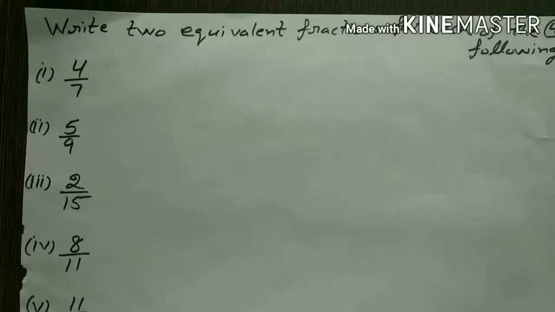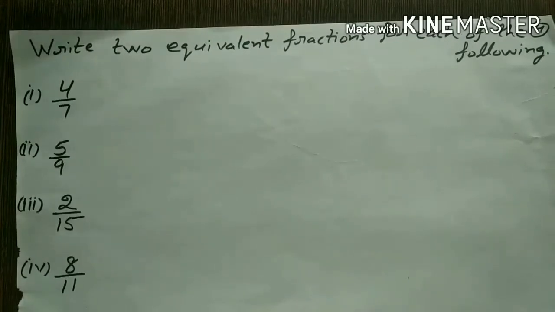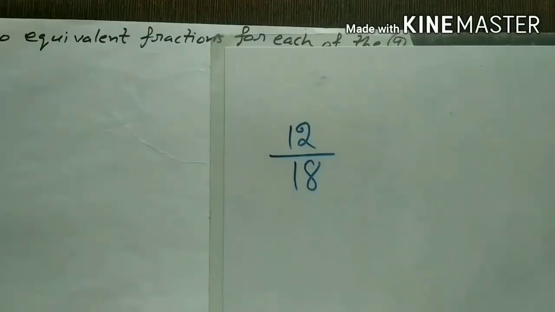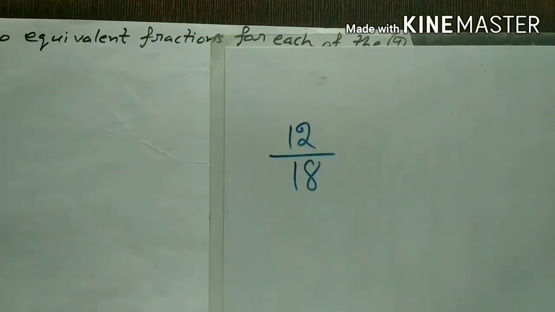Now students, what are equivalent fractions? Let us understand. For example, we are given a fraction 12 by 18. Now you see, 12 is the numerator and 18 is the denominator.